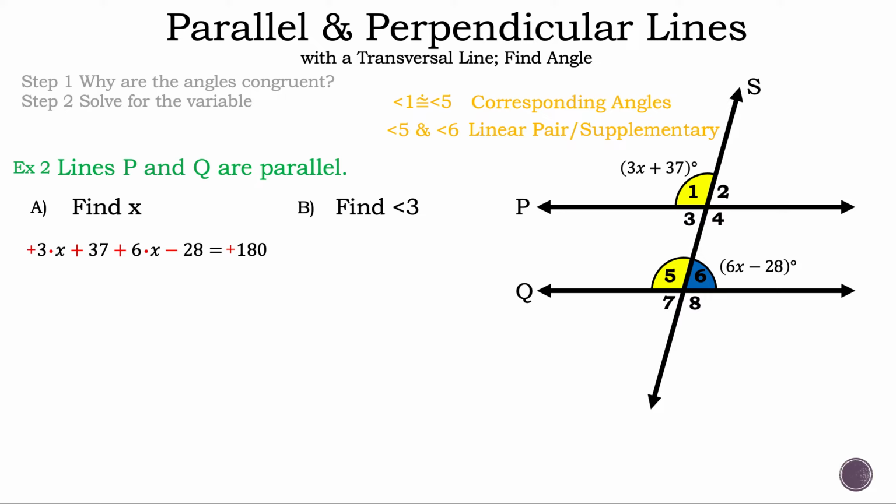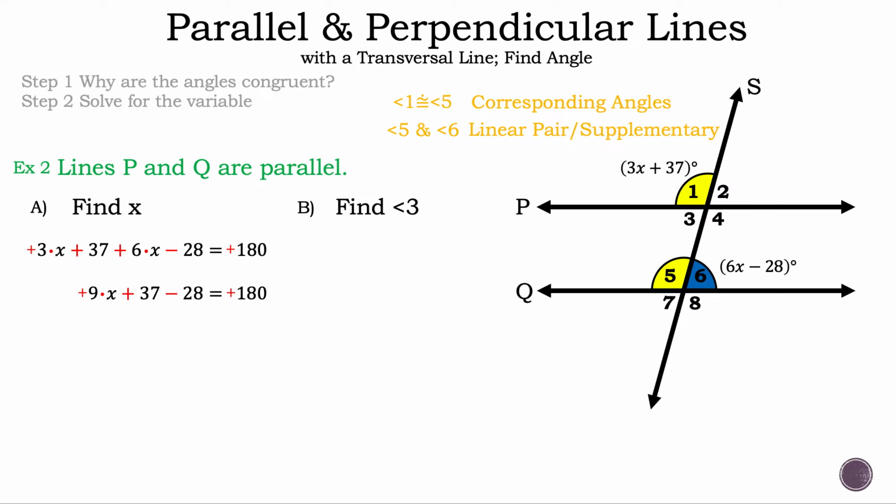And now we have positive 3x plus 37 plus 6x minus 28 is equal to positive 180. Let's simplify by combining like terms. Since we're solving for x, let's go ahead and combine the x's by adding positive 3x and 6x, and the result of that is positive 9x.